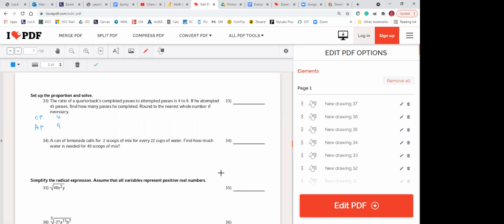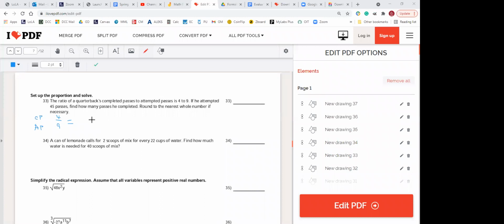All right, now what we got to do is make sure we line them up. And this is something, if you ever paid attention to football, if you take 4 and divide it by 9, you get 0.44, so like 44%. So that's a 44% completion rating.